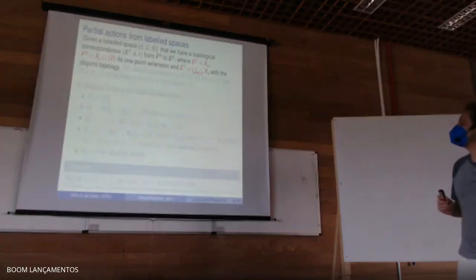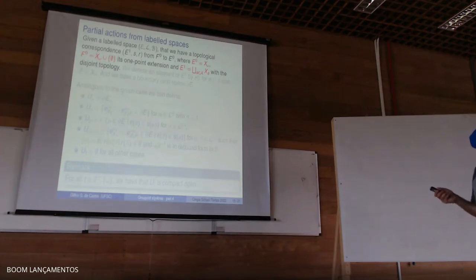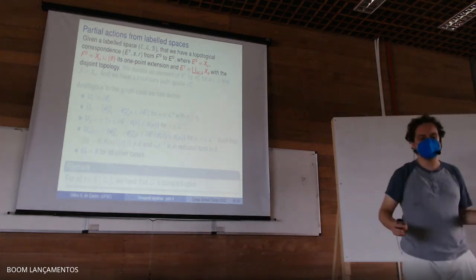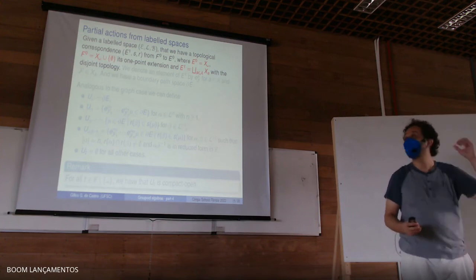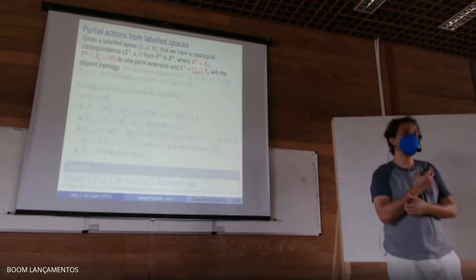I don't want to go into details here. And we have this E1 as being disjoint unions of elements of topological spaces associated with a letter here. The letters are the labels that are in the label space. So there's a construction here that we can define as, sometimes it's called, a partial topological graph or topological correspondence, and then we can define a boundary path space as we defined before.